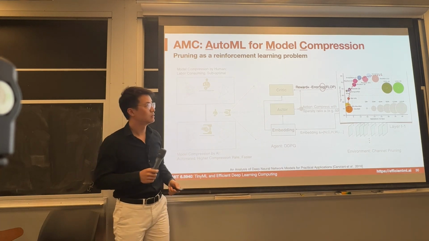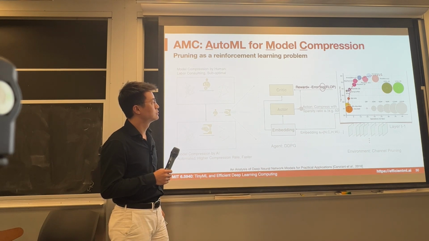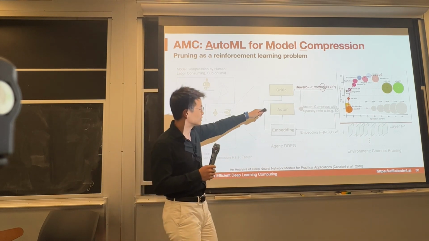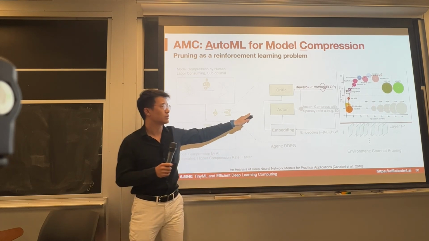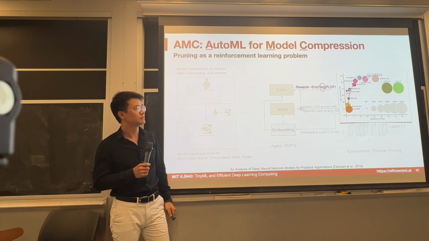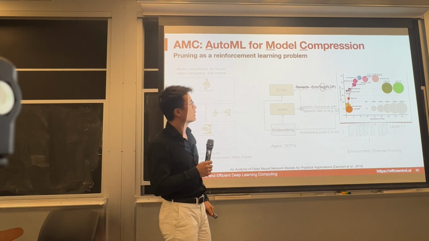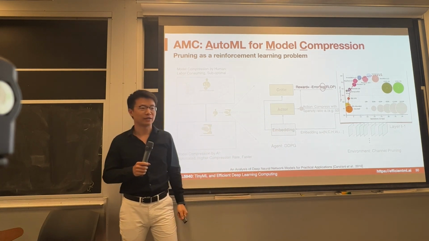Shouldn't there be an arrow from the critic to the actor? The actor directly gets the embedding, and the decision is based on the embedding only, not based on the critic at all.